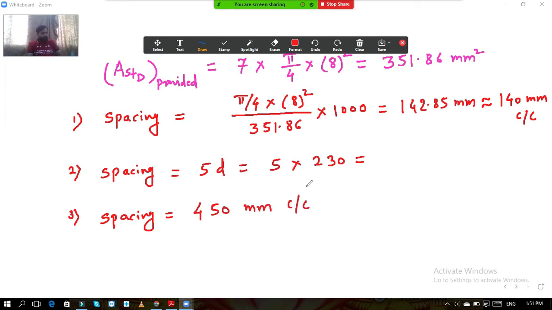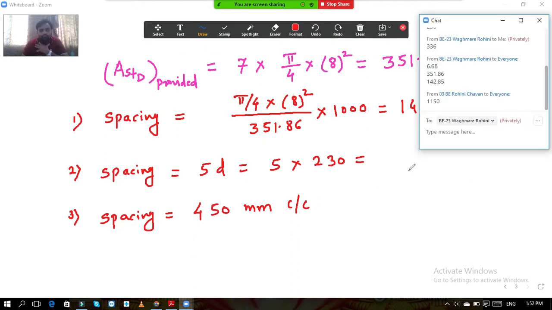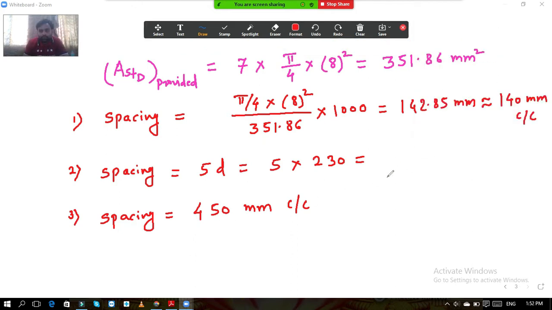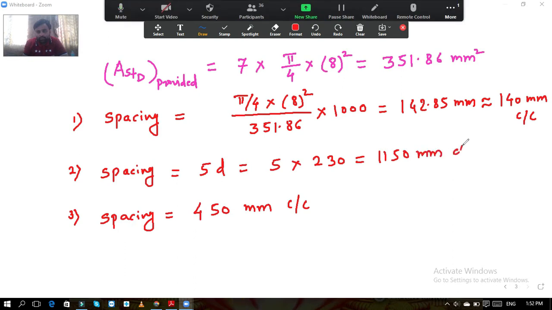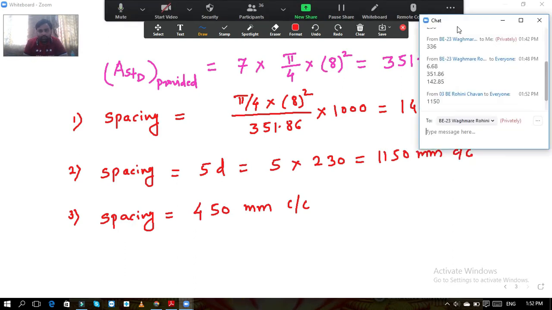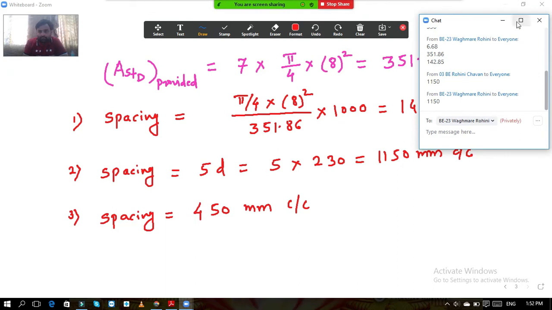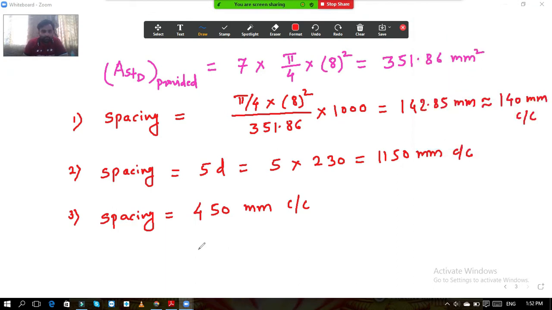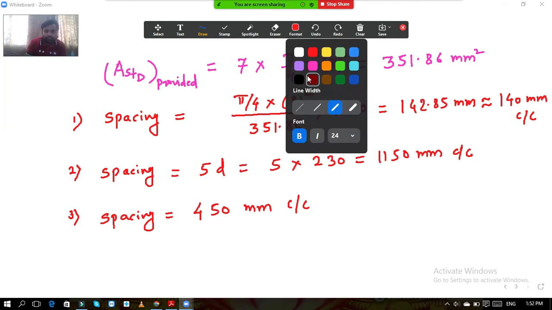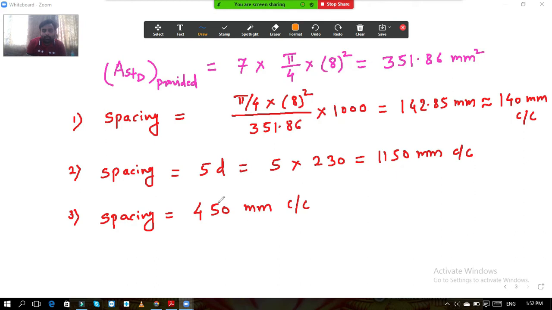So calculate this one, 1150. Okay, so 1150 mm center to center, it is 1150. Okay, so these are the three spacings which we got now. So we will choose the minimum value.